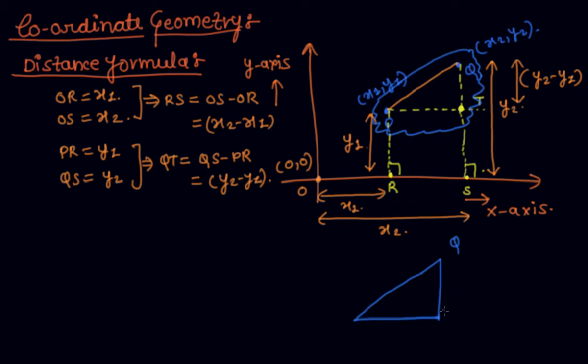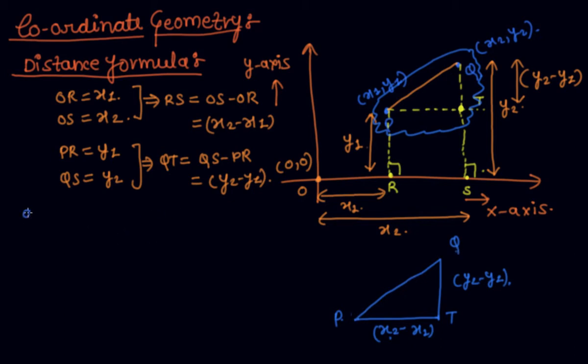This is Q, this is T, and this is P. Now you know that this distance is equal to y2 minus y1, this distance is equal to x2 minus x1, and you need to find the distance PQ.